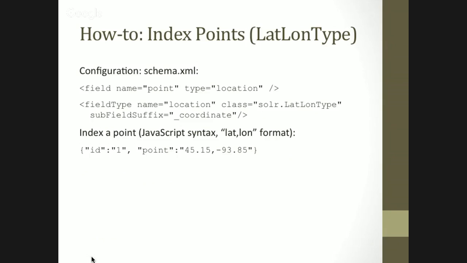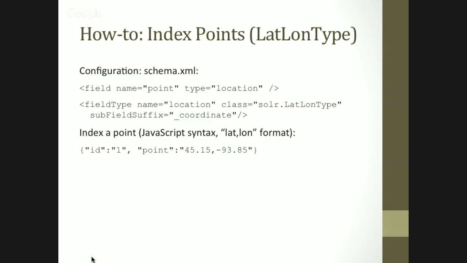And when you provide a document to Solr, there's the JSON syntax, and there are other syntaxes too. You could use XML. You could use a CSV upload. There's flexibility there. But if you want to use the JSON syntax, then at the top level you basically have name-value pairs of the field values in the document. So we have id 1, and point is the field. Notice the field name is point.